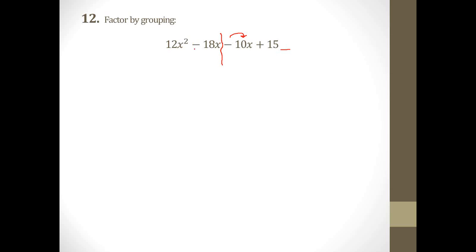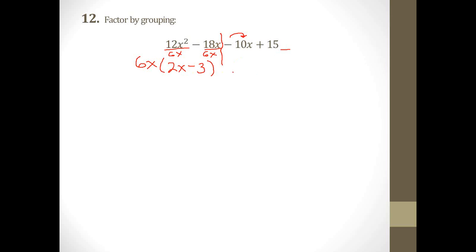So now looking at 12x squared and minus 18x, the GCF of both of them would be a 6, and they also share an x. So I divide each term by the GCF to find my leftover numbers, and that leaves me with 2x minus 18 divided by 6 is 3, and x over x is gone.